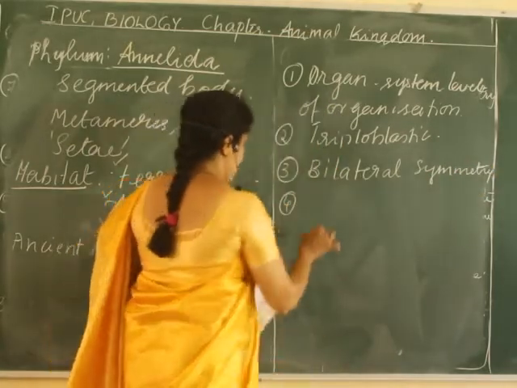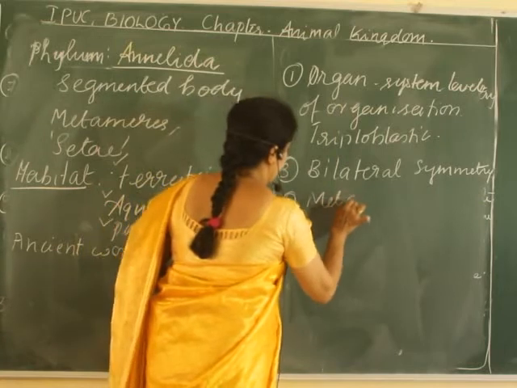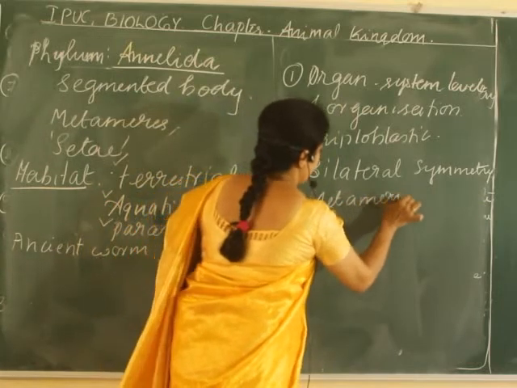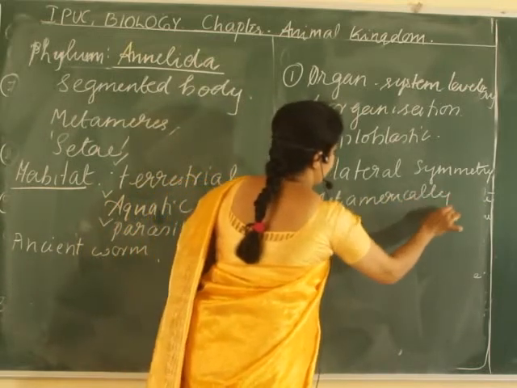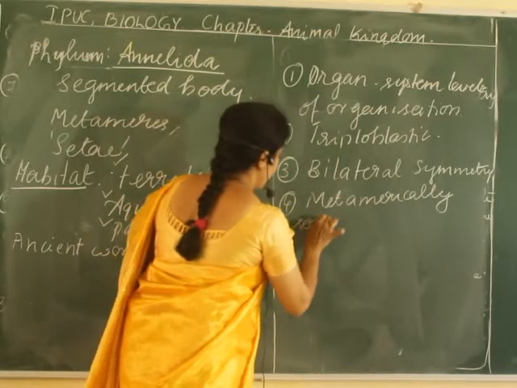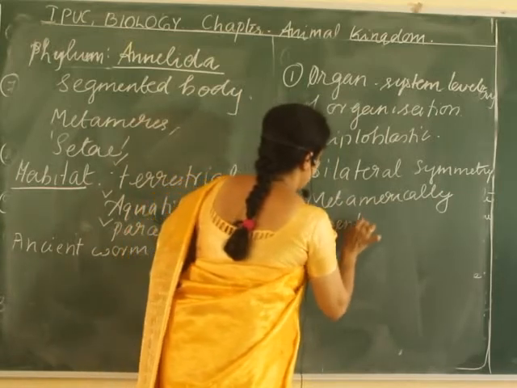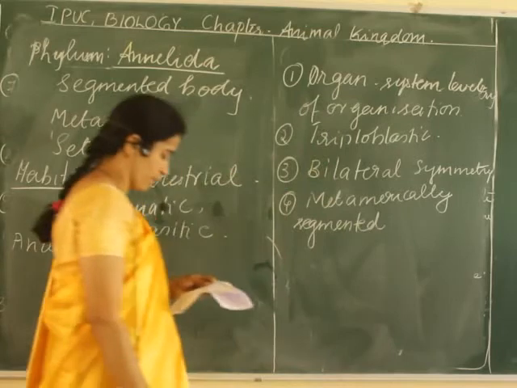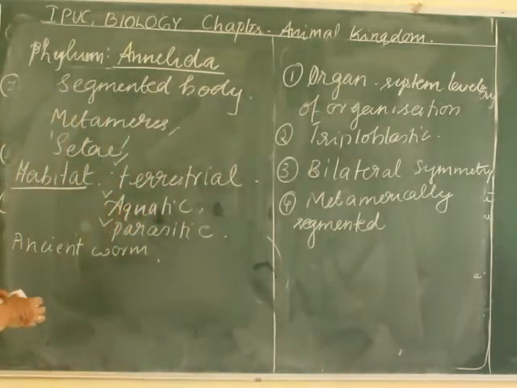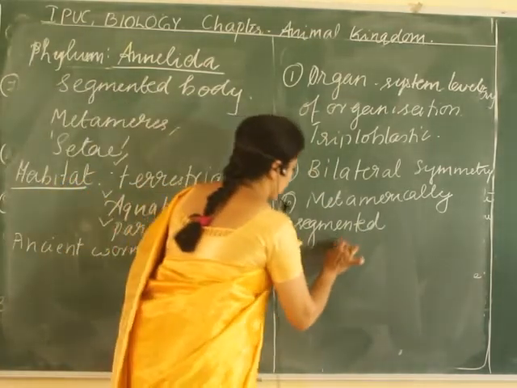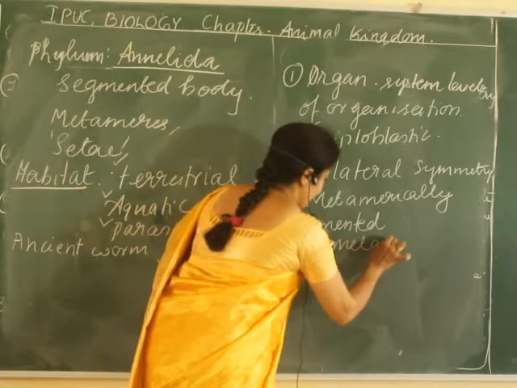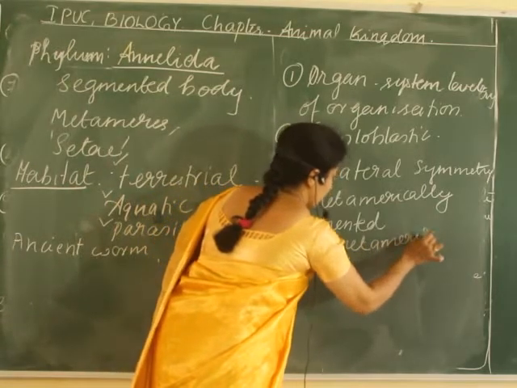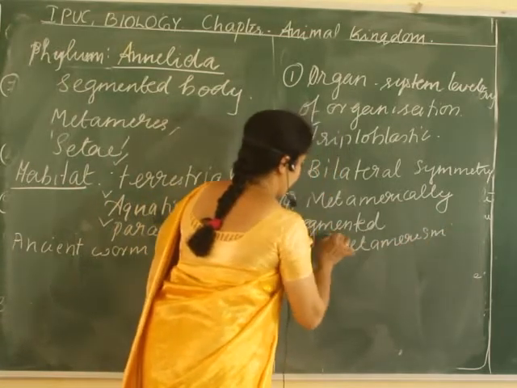Then what are the other features? A main important characteristic feature is the metamerically segmented body. They have metameres. That means the body is completely made up of many smaller metameres. That phenomenon is called metamerism. You can expect a question: what is metamerism?